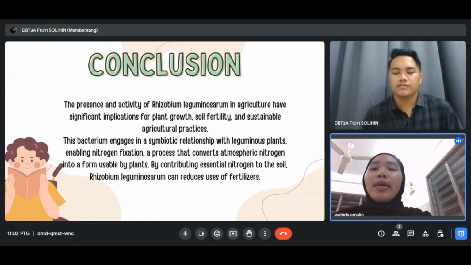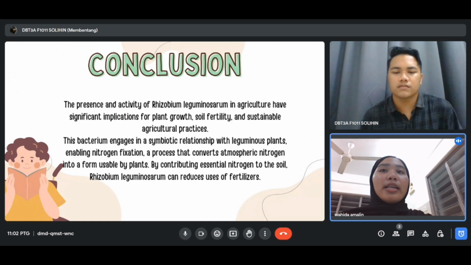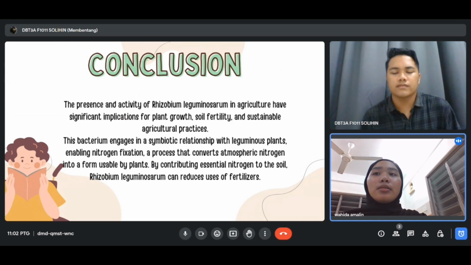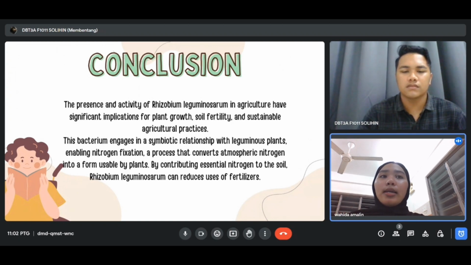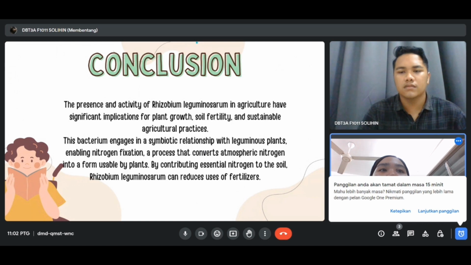Also, this bacterium engages in a symbiotic relationship with leguminous plants, enabling nitrogen fixation. This bacteria can convert nitrogen gas to ammonia, then the plant can absorb the ammonia for their growth. By contributing essential nitrogen to the soil, Rhizobium leguminosarum can also reduce the use of fertilizer.